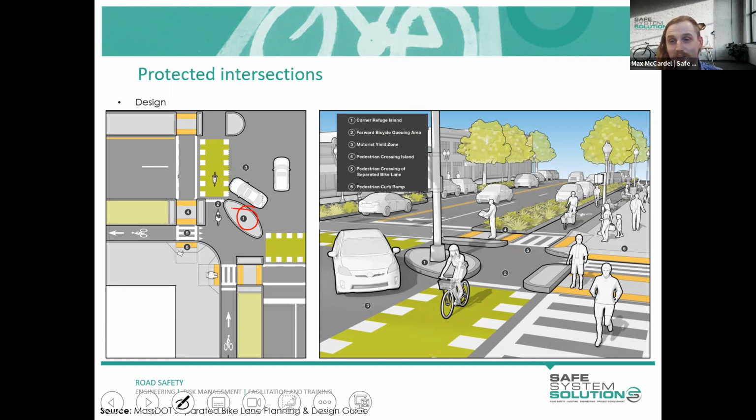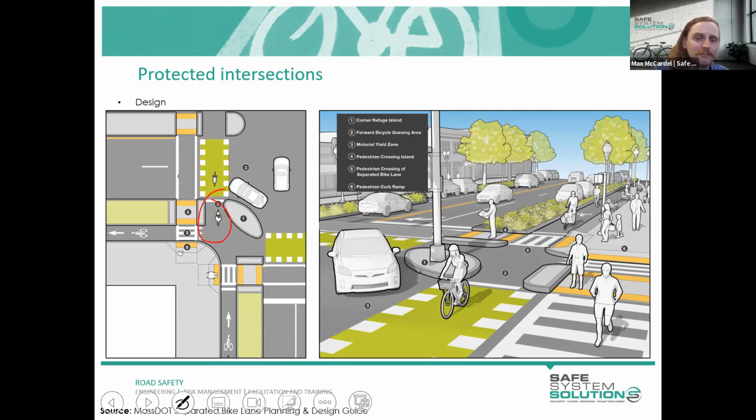If we didn't install that feature, it's incredibly likely that motorists would take a much more sweeping bend across the bicycle lane, which would result in higher speeds turning left and reduce the effectiveness of this type of treatment. So that's primarily the reason that we install those features.